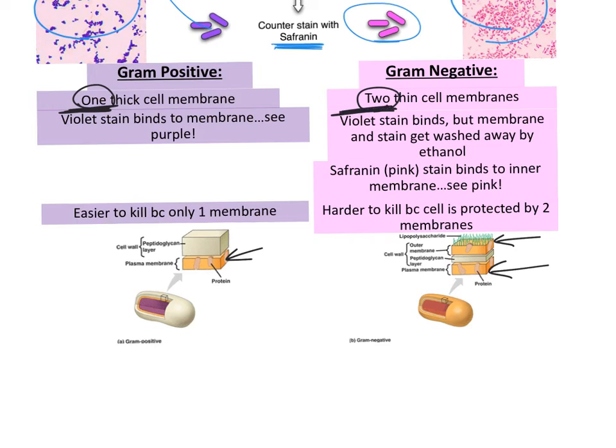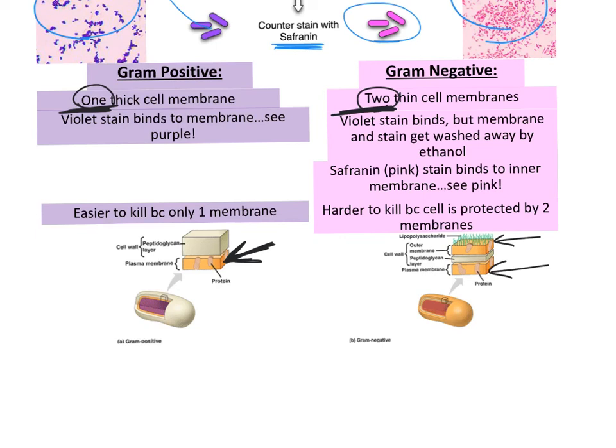In terms of antibiotics and disease, cells that have only one membrane are a lot easier to kill because the drug, the antibiotic, the medicine needs to penetrate only the one layer that's protecting the cell.